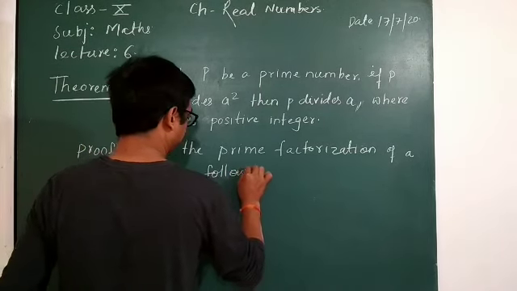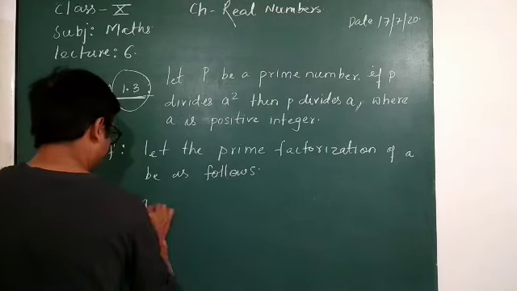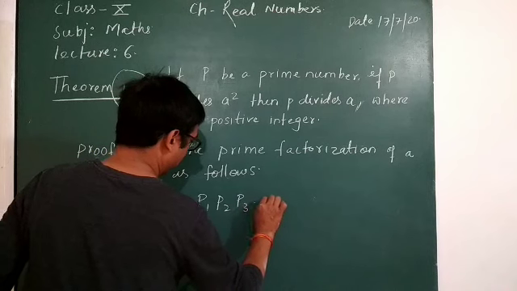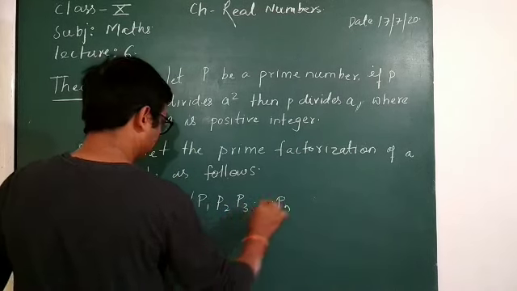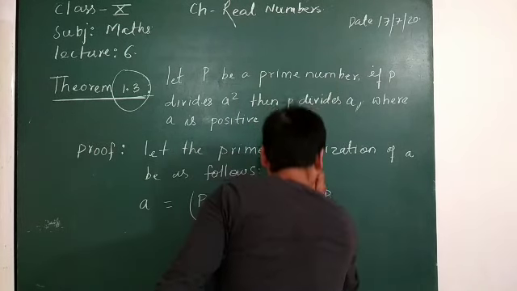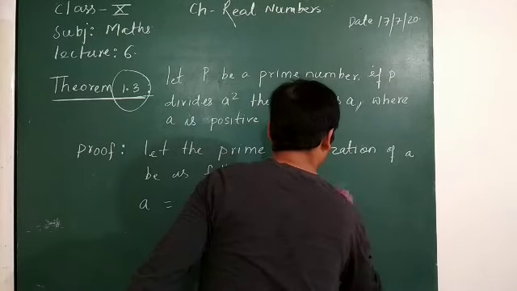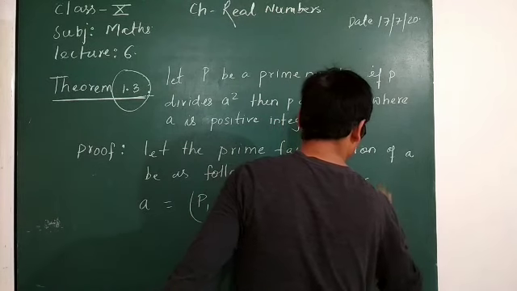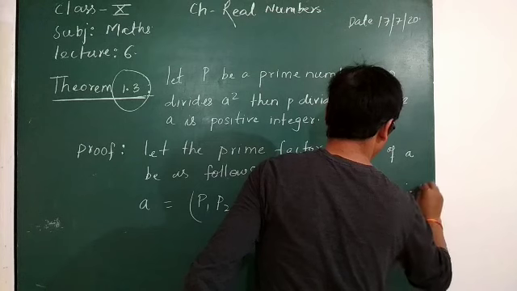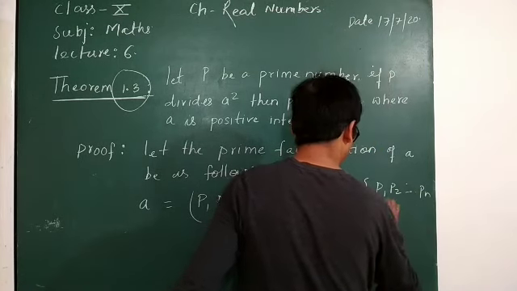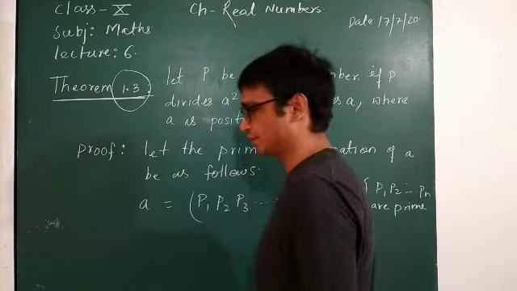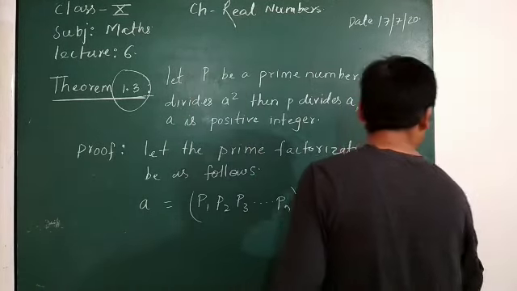So we can write A is equal to P1, P2, P3, Pn, where P1, P2, Pn are prime numbers, or primes.